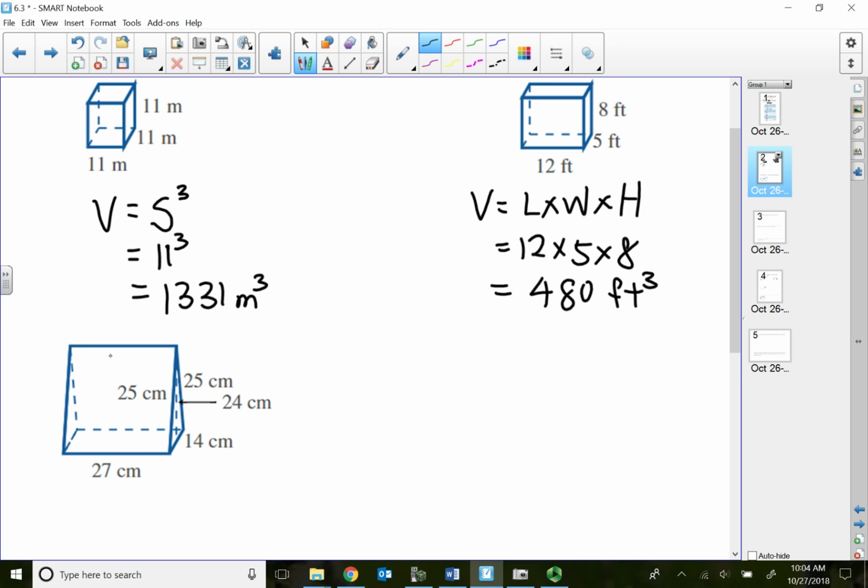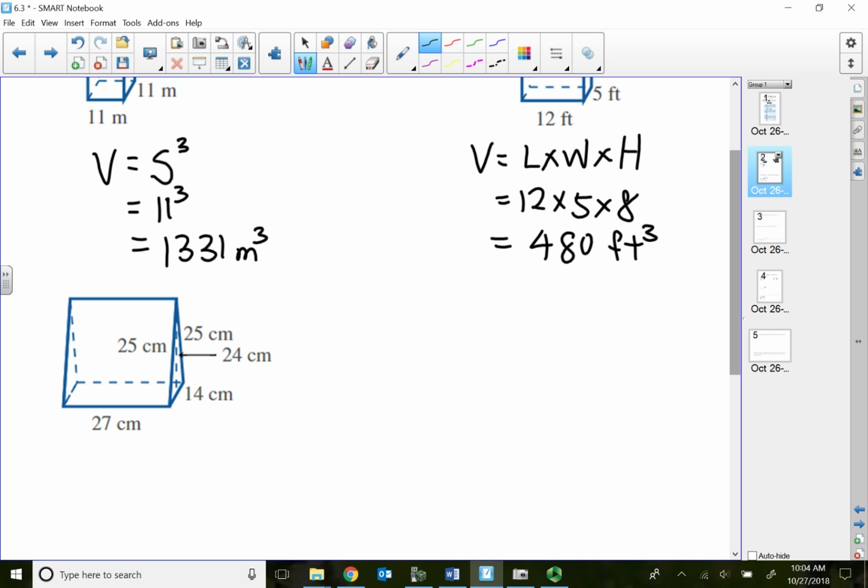Now, this picture here does not look like any of those we just saw, but it is actually considered a solid. What is the base? I need your imagination a little bit. This rectangle face is facing us. This part down here is facing the bottom. There's another side facing away from us.